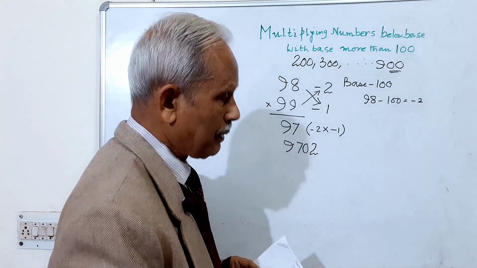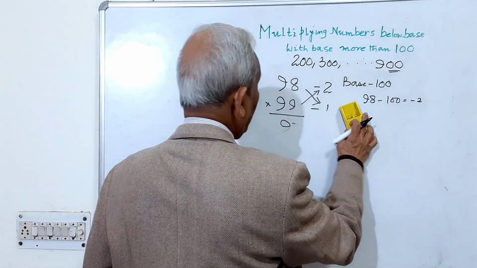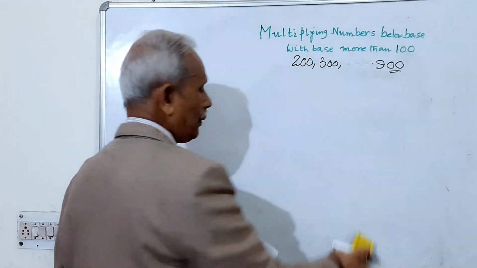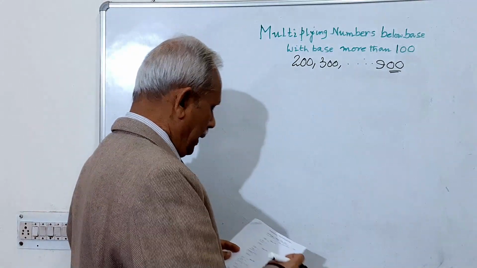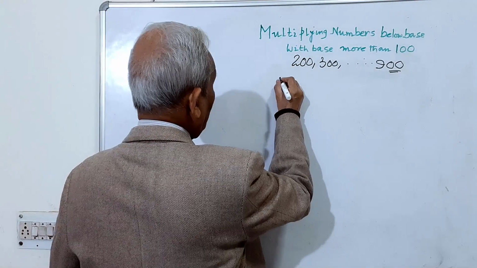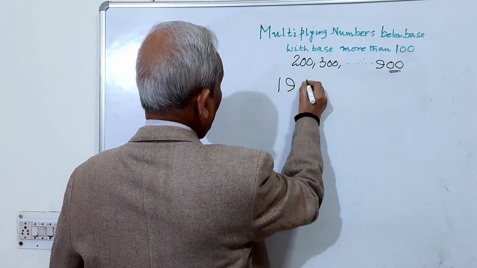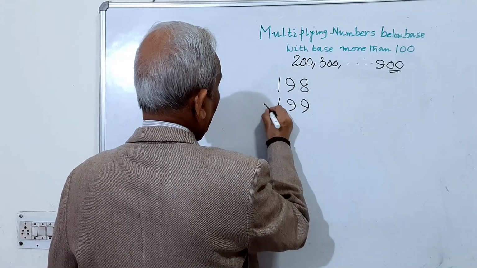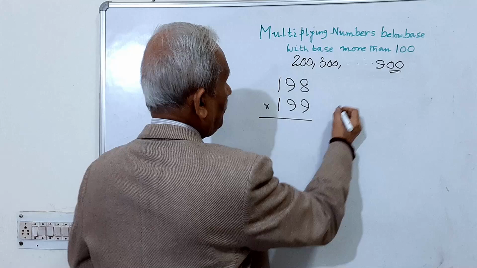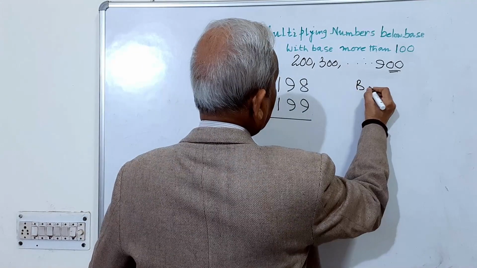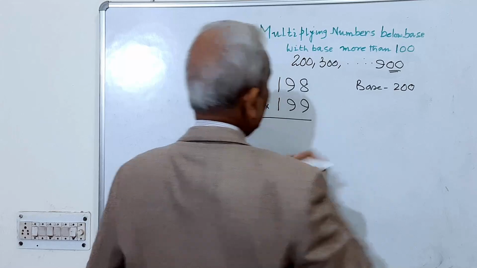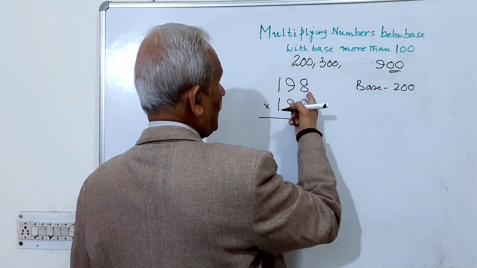Now the base is being changed to higher, 200, 300, 400 like that. So let us see an example of how we are going to do that. Say, for example, we want to multiply 198 with 199. Here the base is obviously 200. The number is below the base.